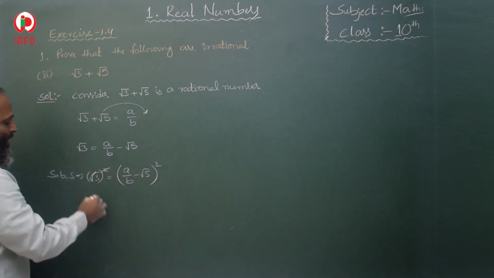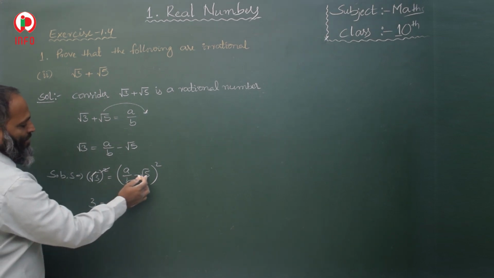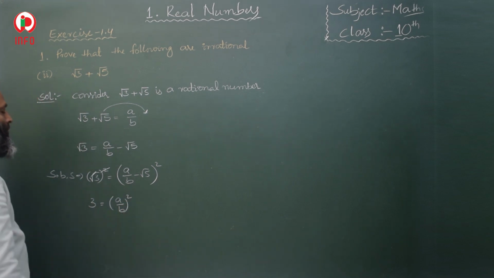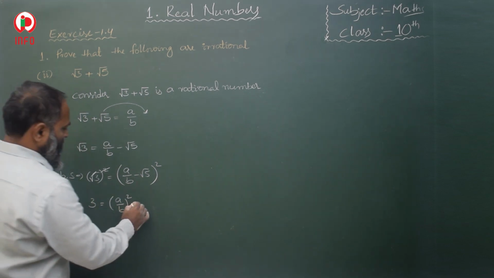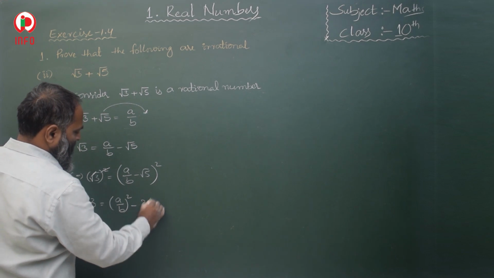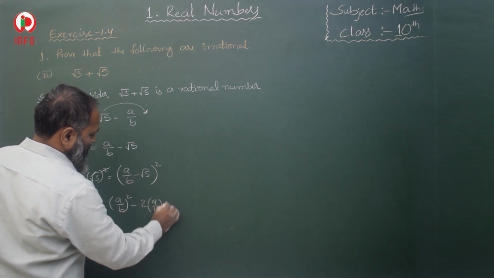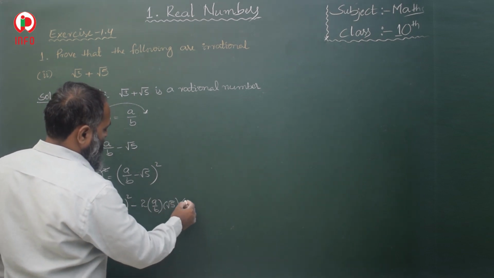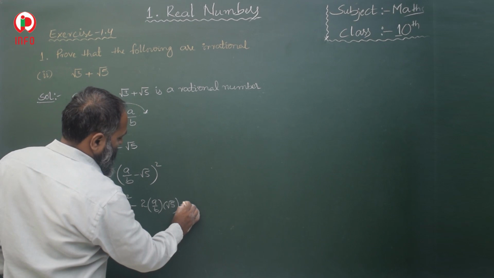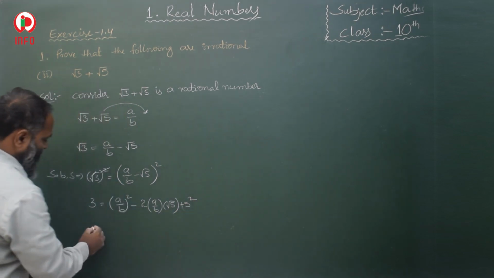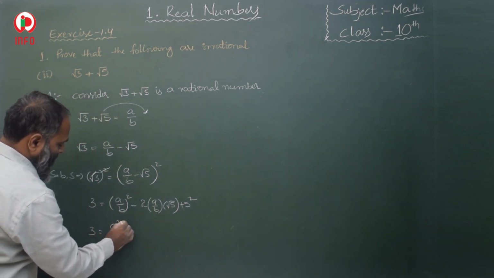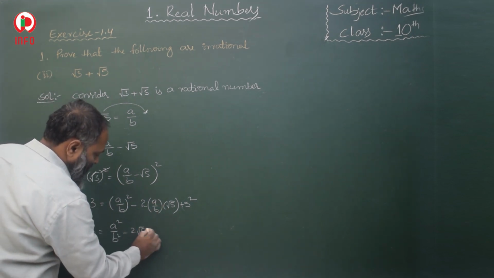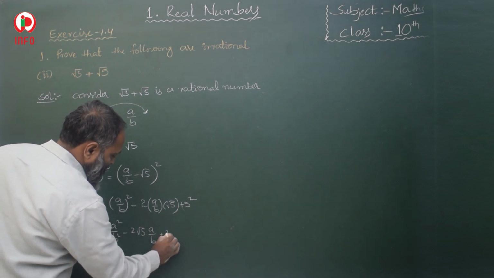Here the square root will get cancelled, so 3 is equal to a square by b square minus 2 root 5 a by b plus 5 square, 25.